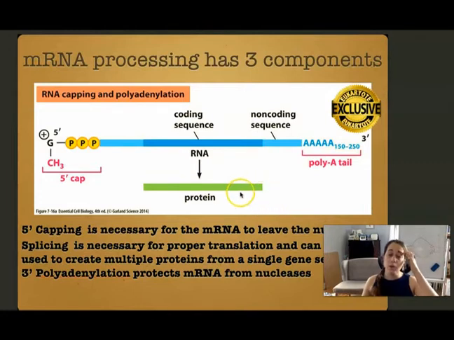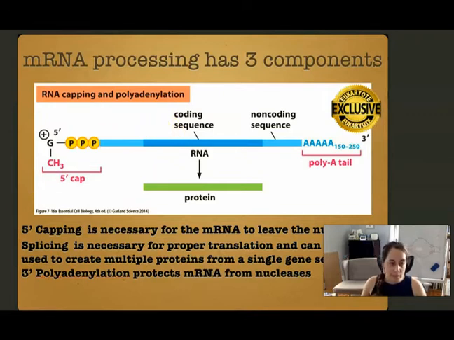So what we're talking about in translation initiation is the 5' cap, and then we have a non-coding region, which is where the small ribosomal subunit and the tRNA are going to initially bind, and then they're going to move down to find the start codon here.